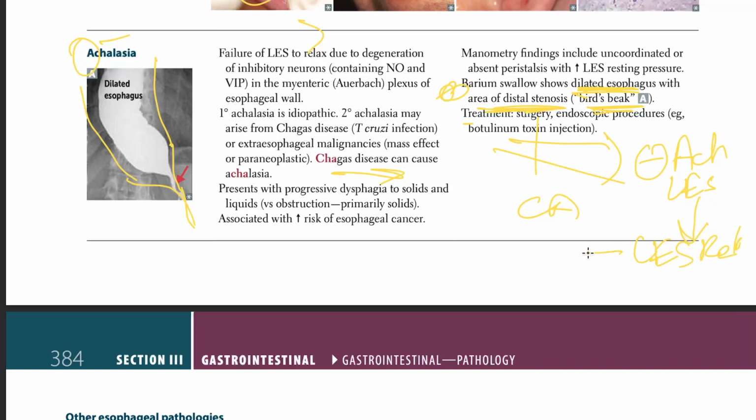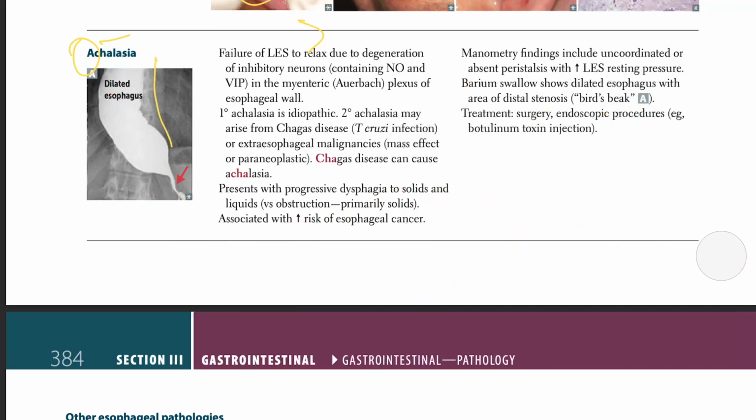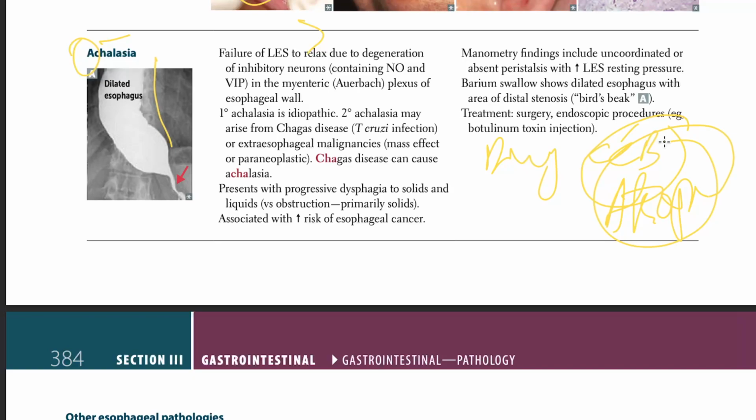And when you relax the LES, all the food goes through, and you are good. You're saying life is good. The other things you can give, as far as drugs are concerned, are CCBs, calcium channel blockers. You can give atropine.